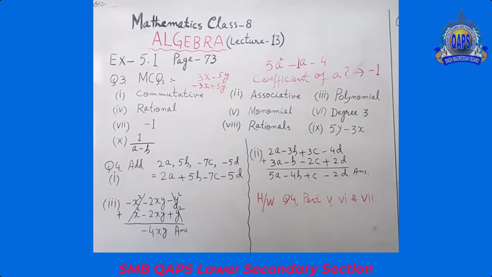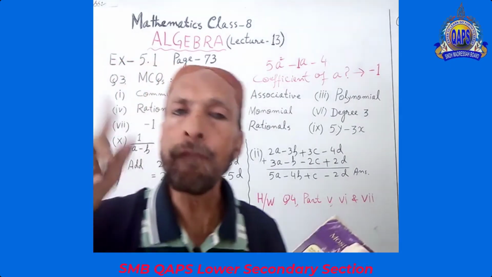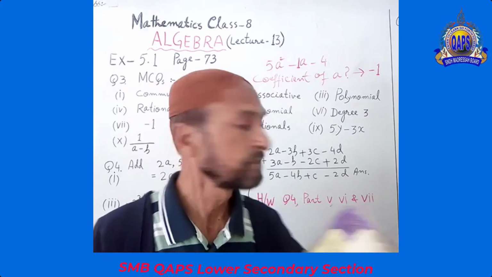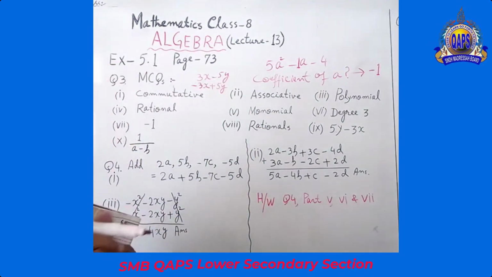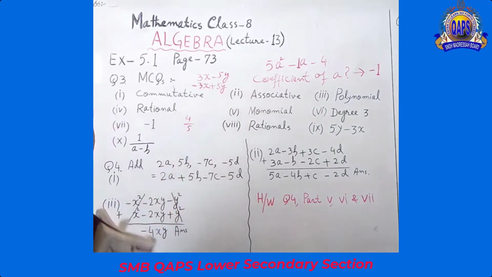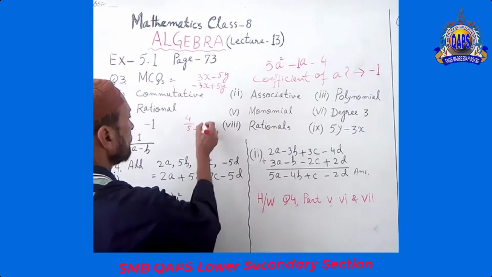And over here, number 10, the multiplicative inverse of a minus b is multiplicative inverse, that is 1 upon a minus b. Understand what I am saying? If you have 4 upon 5 and I am saying multiplicative inverse, that will be 5 upon 4.